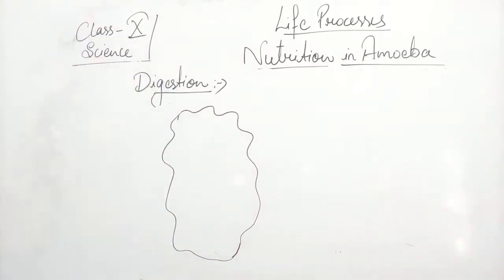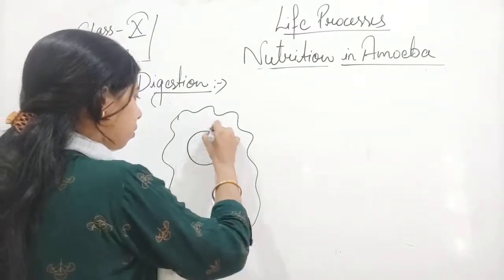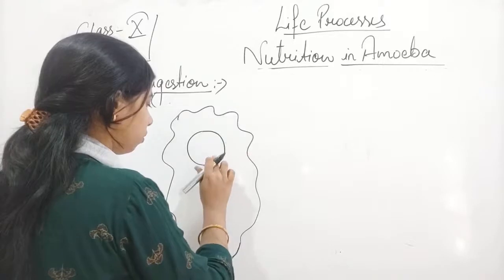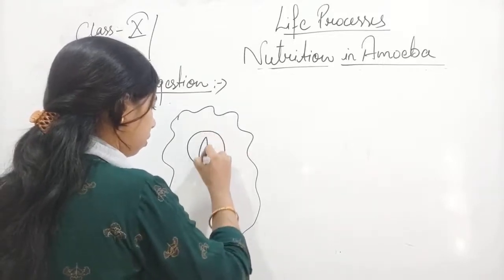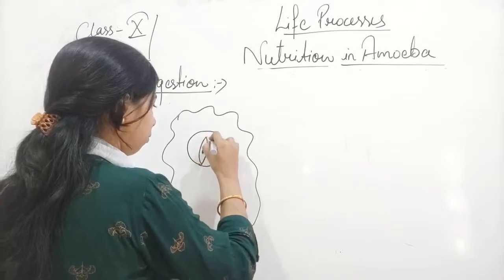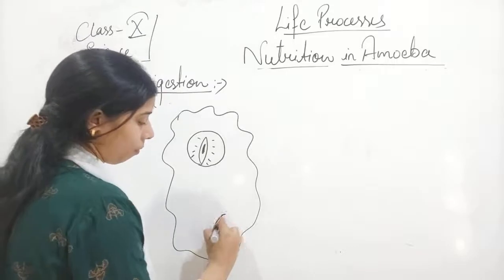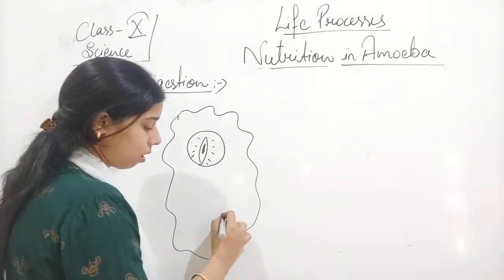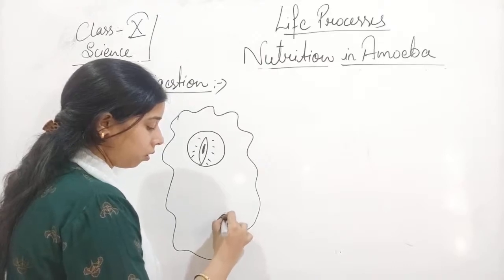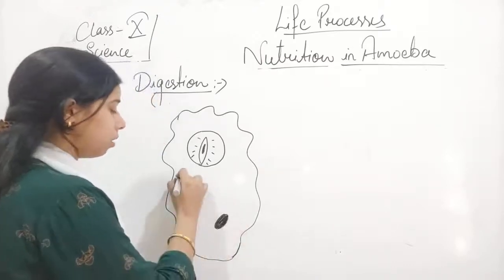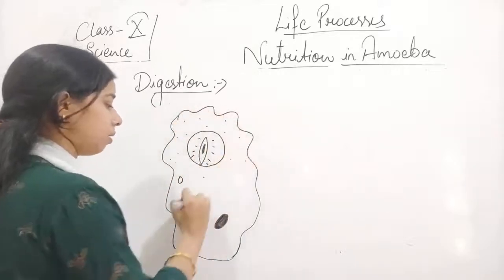Here what happens, students? A food vacuole is formed, and this is the food. A nucleus is there again, and a vacuole is there, and then cytoplasm.